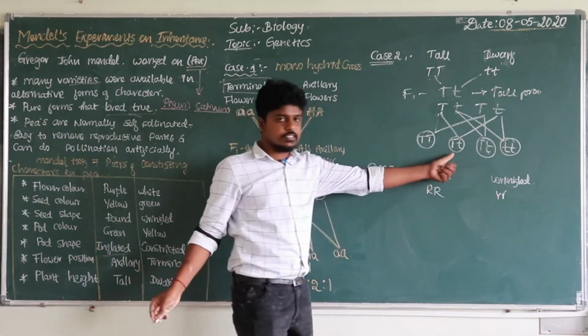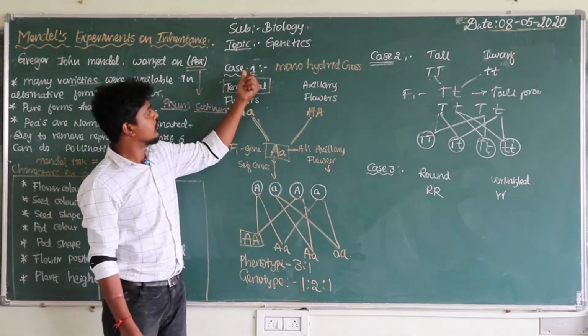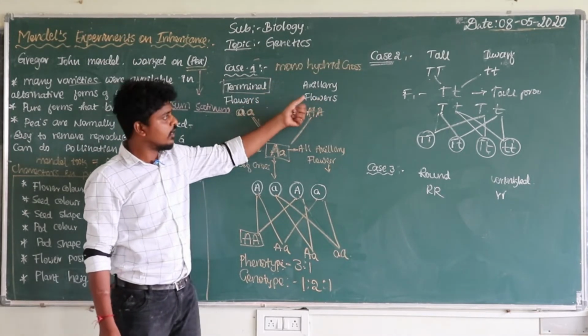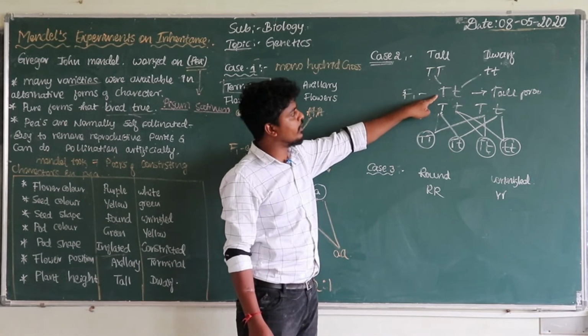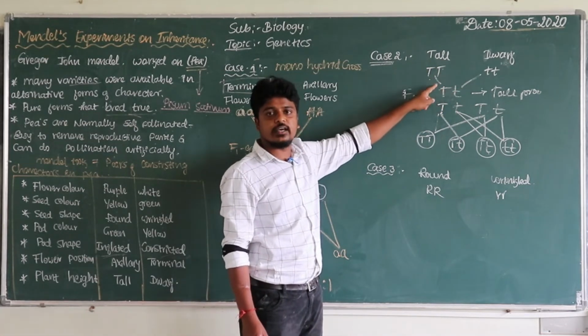So you can see the same kind of F2 generation, as in the case of the monohybrid cross with terminal flowers and axillary flowers. Here also the same. The F1 generation completely dominates the dwarf plants. Only the tall plants will express in the F1 generation.